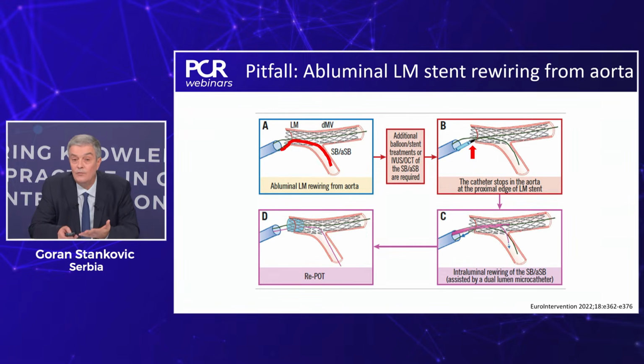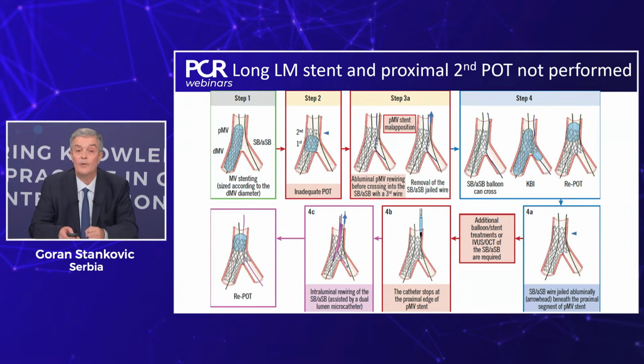What we recommend to do in this case is to use, again on the wire which is inside the stent, a dual lumen catheter, and then using the same maneuver, position through the dual lumen catheter a wire inside the circ, and then repeat POT in order to correct this underdeployment.